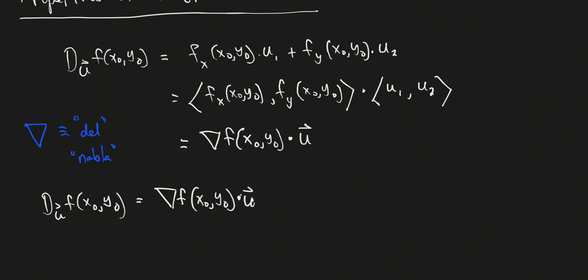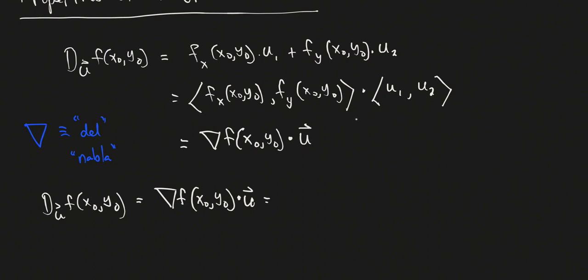And since it's a dot product, let's think about what we know about the dot product. The dot product can be expressed in terms of angles and magnitudes, or maybe specifically one angle and two magnitudes. The geometric way of computing the dot product is this. Remember, both of these are vectors. We can see them right here.